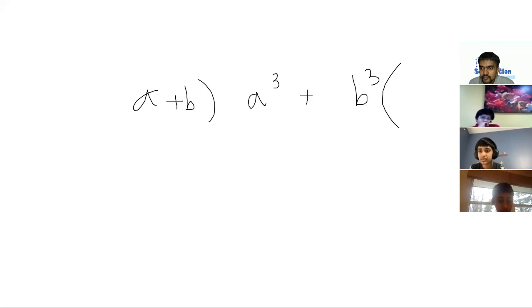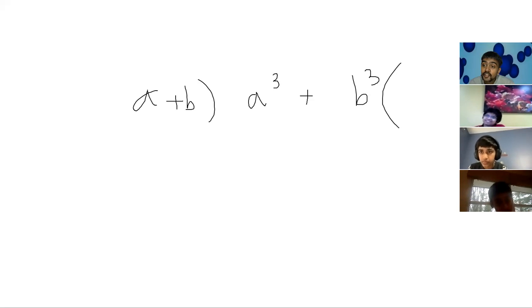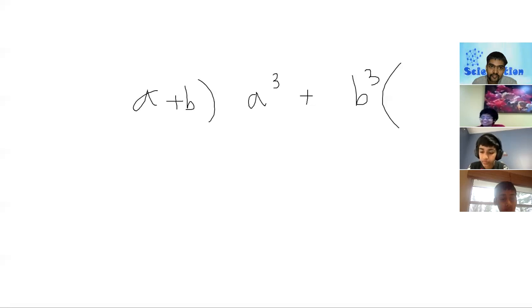Wait, can't we just do this in a... Don't we already know the identity for this? Okay, wait a minute. So I'm going to divide and check if the identity agrees with your answer. The identity will decide whether the answer is right or not. Wait.